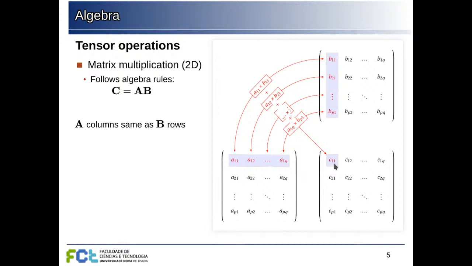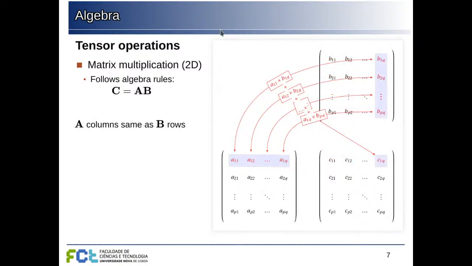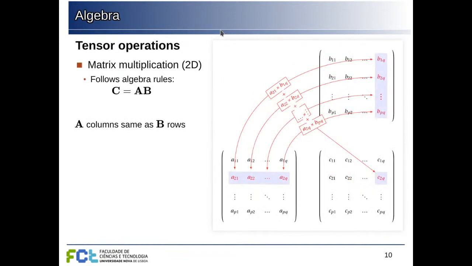Now each cell of the resulting matrix, here matrix C, will be the sum of these products. So the first element of the first row of matrix A is multiplied by the first element of the first column of matrix B, and then the second with the second, and so on. Then we add all of these products and we obtain the first cell of matrix C. And we do this for all the combinations of rows and columns on the two matrices.